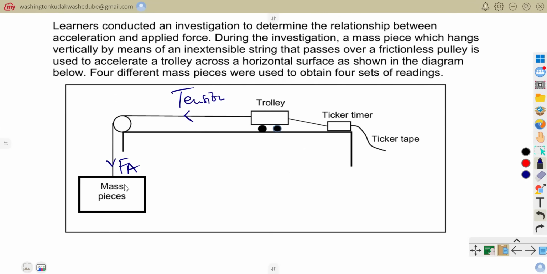Our applied force will be due to the weight of that mass. So that weight is applying a tensional force due to this string that is connected to this trolley. So this tension becomes our applied force. And we want to see the relationship between this applied force and the acceleration of this object. What would be the relationship between these two? That was the investigation there.